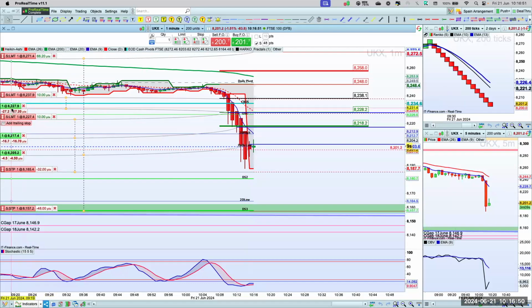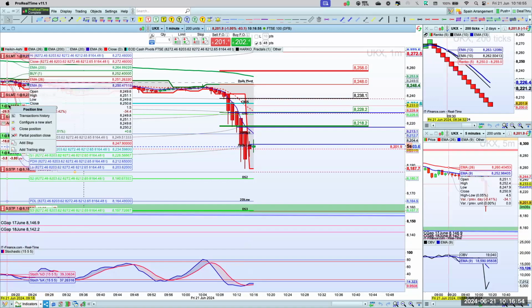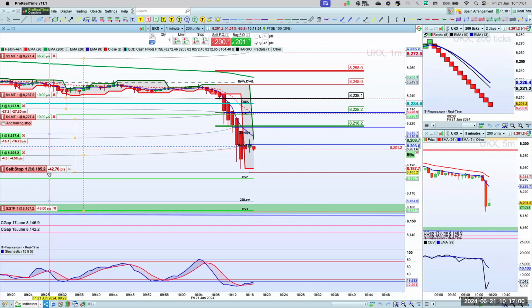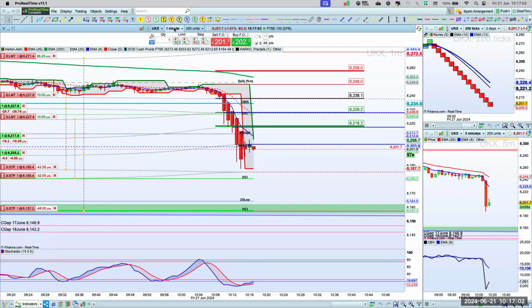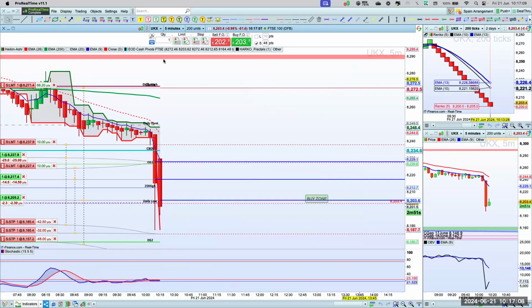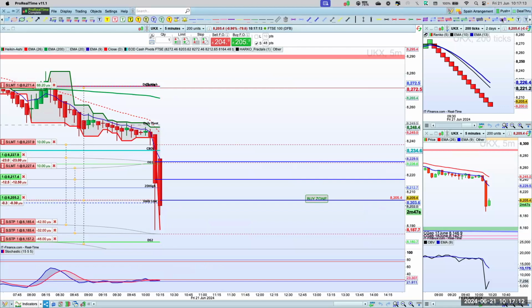And this one is going to be the same. Add a stop on this here. 5 minutes out. So what we're looking for now is the market to come back to this level here.